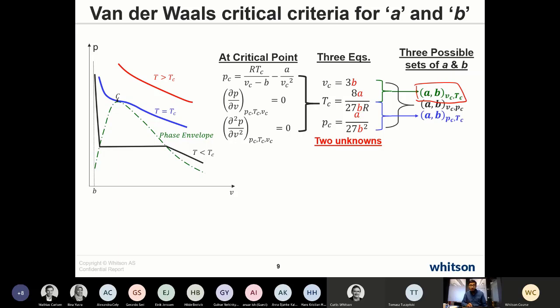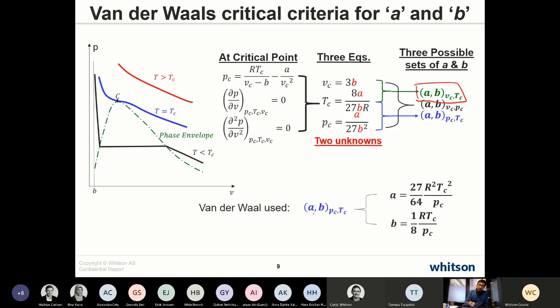So what van der Waals suggested is that we can use the values of A and B from the critical conditions, the critical pressure and temperature. He neglected the A and B that could have come from the critical volume.